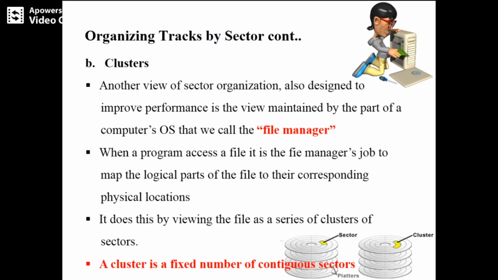Now we know already that we have our data in 4 different sectors. So what I am going to do is I will club those 4 different sectors into one single cluster. Okay. Now after clubbing, in one seek I can access all those data together, because now we have clubbed the sector data into one single cluster.